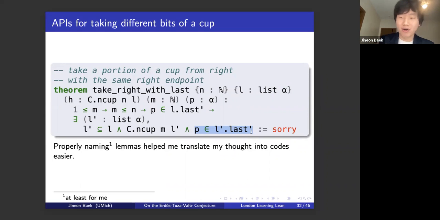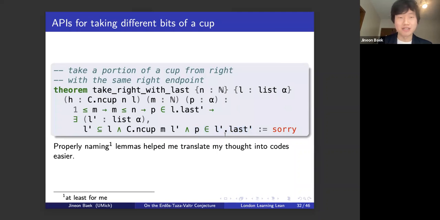All these manipulations with cups happen almost instantly in our brain, but these all need proof and formalization. By thinking through the list of what I need for the proof and properly naming that, it helped me a lot to translate my thought process as is into code.